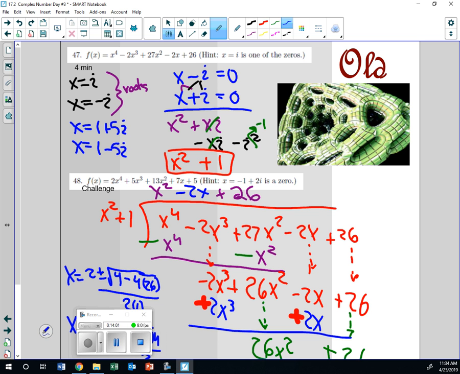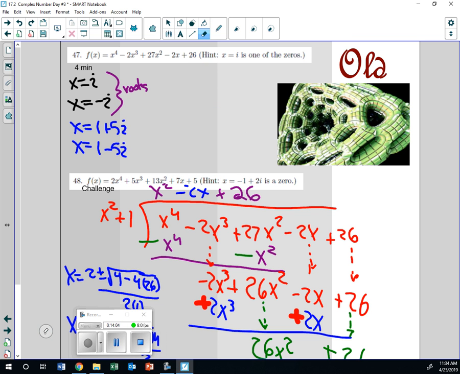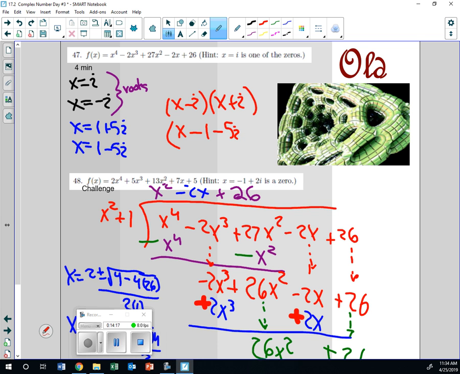So all you have to do now is write this out in factored form. x minus i times x plus i times, careful, x minus 1 minus 5i times x minus 1 plus 5i. Those are the 4 factors. And will we have more than 4? Nope. That's the 4. So that's how to factor a polynomial down to the complex roots and factors.